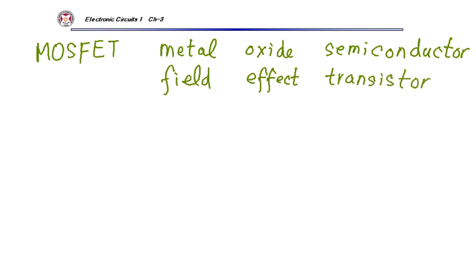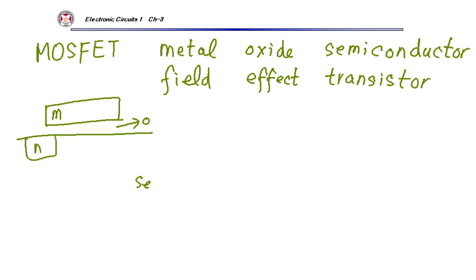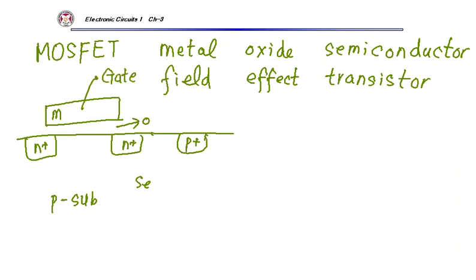So metal oxide semiconductor represents the structure of MOSFET. MOSFET structure is just a metal, oxide, and then semiconductor. Say you have, so this metal is connected to gate, and then those N plus junctions are connected either to source or drain.